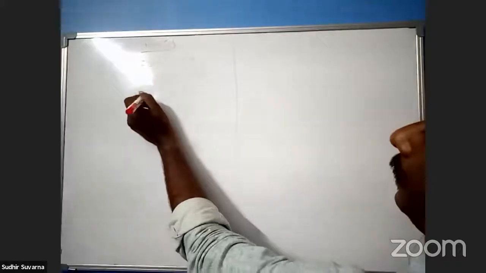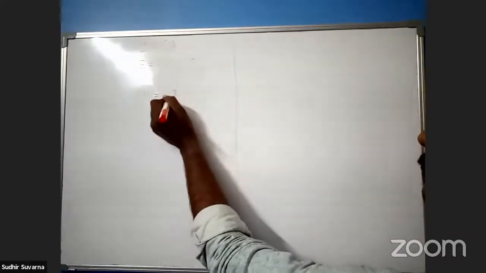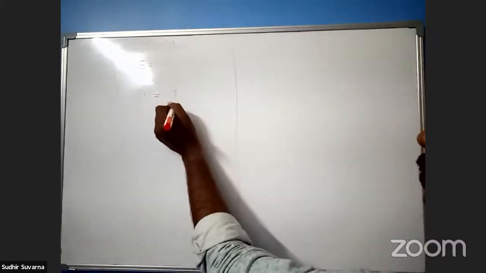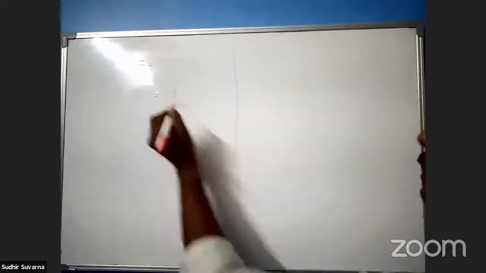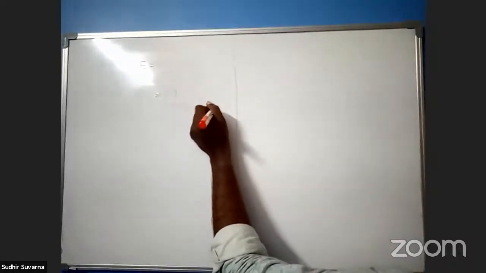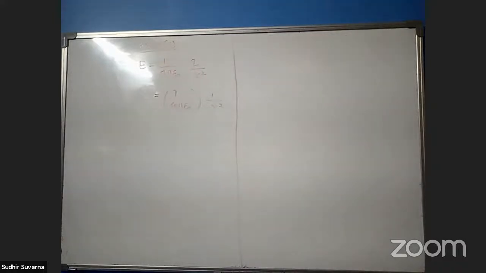So I can write E is equal to Q upon 4 pi epsilon 0, you know that it is going to be a constant, left with 1 by R square. But is it visible?